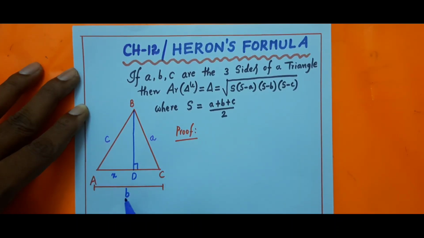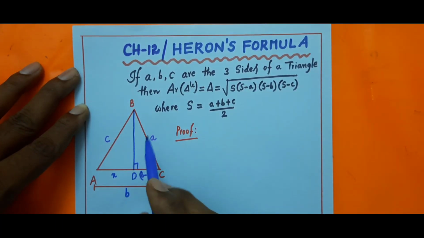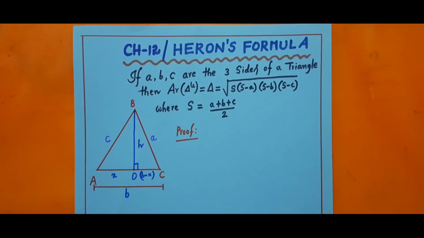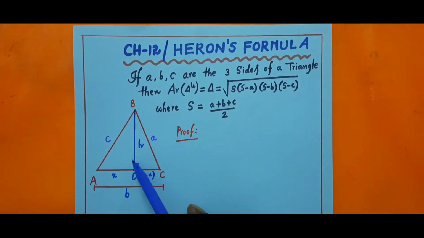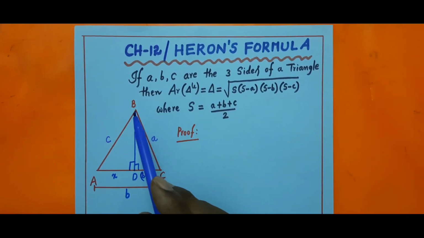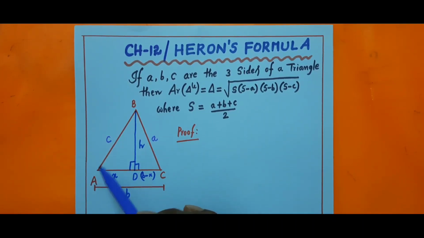As AC is b, and we took AD as x, so DC is equal to b minus x. Let this BD be h. Now, in this triangle ABC, by drawing perpendicular BD, we got two triangles. One is BDA, the other one is BDC.